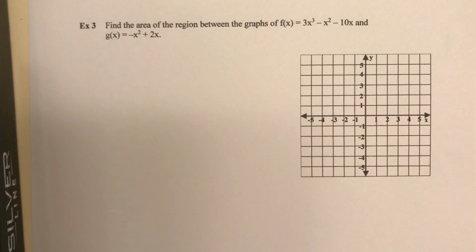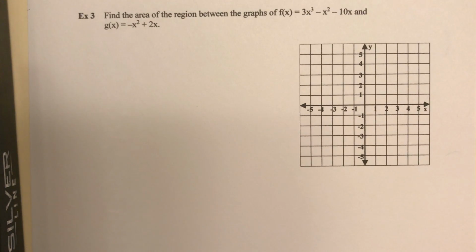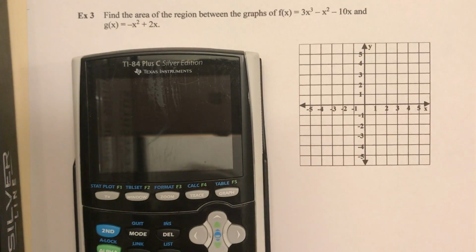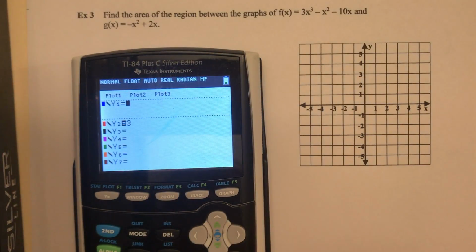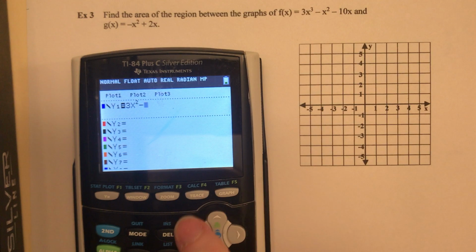Okay, so I'm going to get these graphed, and I am going to use my calculator to help me out so I can find all the points of intersection. So I'm going to go to my y equals, type these graphs in. So I've got 3x squared minus, oh, that's a cube, sorry. Got to fix that, that's a cube, minus x squared minus 10x.